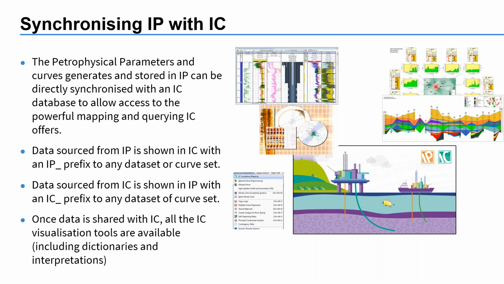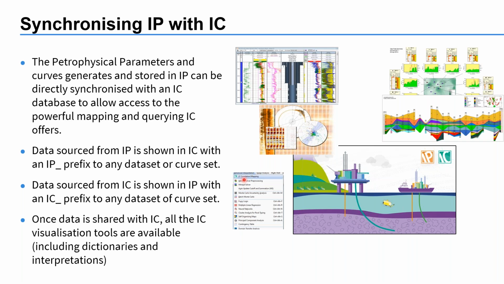It is a standalone application, but you could also access those tools from within IP. So in IP, if you go under the advanced interpretation, there is an option for IC correlation mapping. If you click on it, it will actually use an IC license, and it will take you directly to the synchronization window, where you could pick the data that you want to synchronize from the two products.